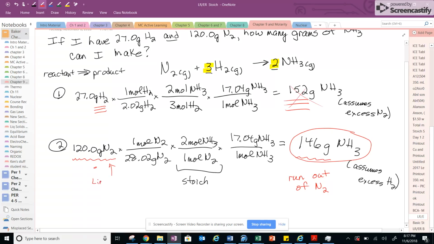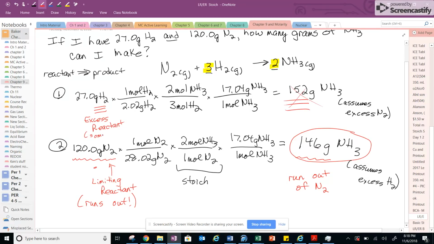So the nitrogen is what is referred to as the limiting reactant. By definition, the limiting reactant runs out. I don't have any left of it. It's all going to be used up to make that 146 grams of NH3. But what that means is I'm going to have some leftover hydrogen. This is what is referred to as the excess reactant.